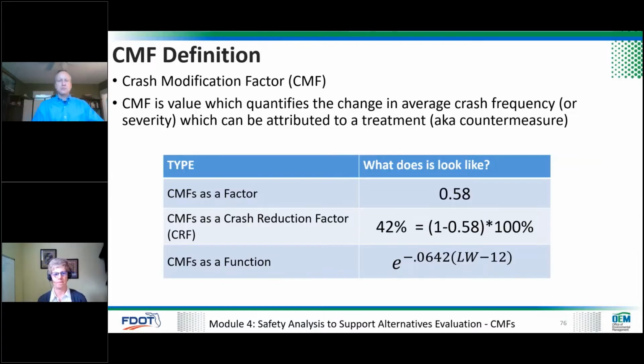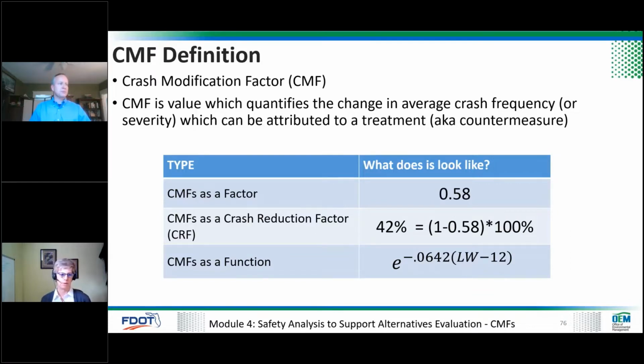We used to call them crash reduction factors, or CRFs, and specify them as percentages, so 42% in that second row. It's just one minus the other. We talk about crash modification factors because not all treatments reduce crashes, so crash reduction factor could become a misnomer.